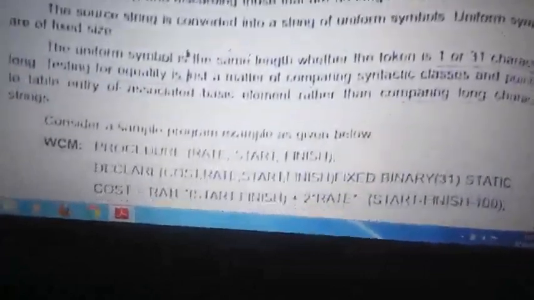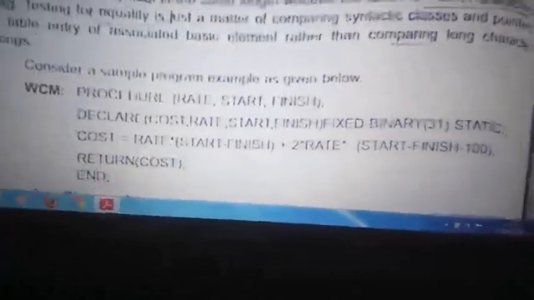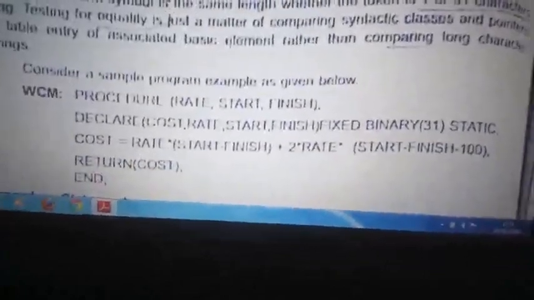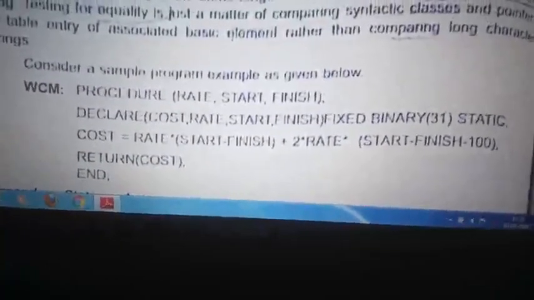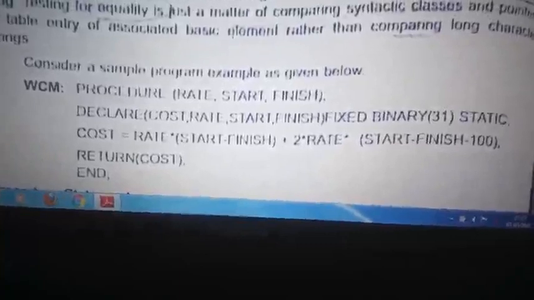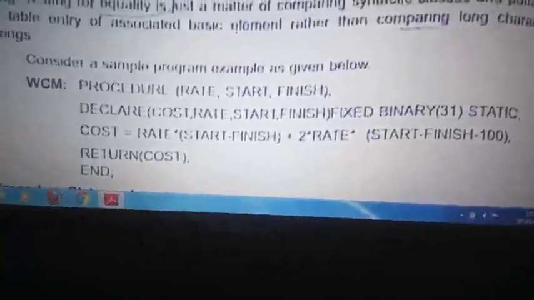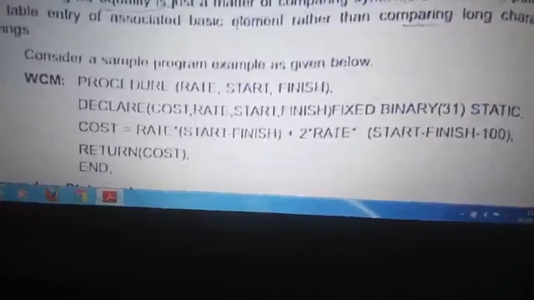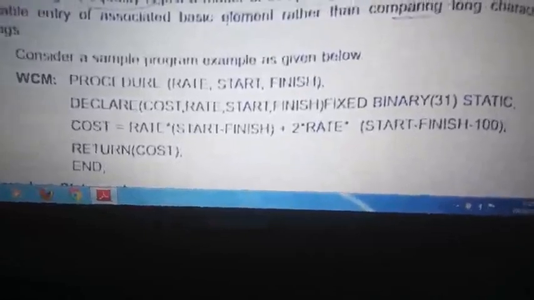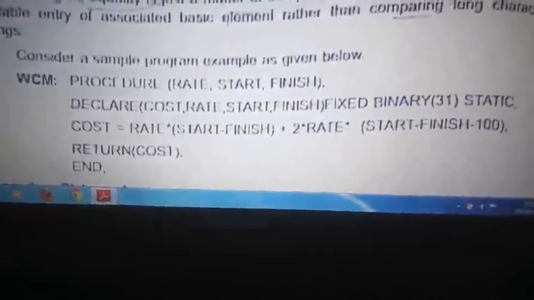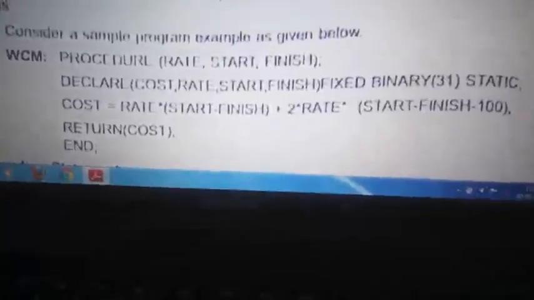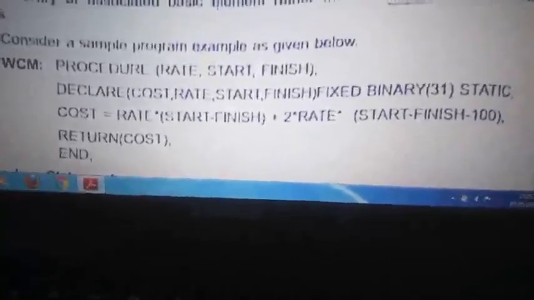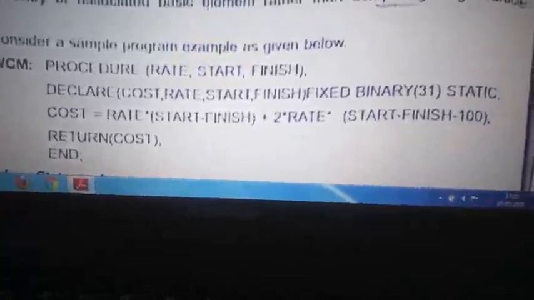So we'll have an example of how it does lexical analysis. Consider an example: WCM, some procedure name, colon, procedure, open bracket, rate, start, finish. Then declare, semicolon. Then declare cost, comma, rate, comma, start, comma, finish. You are declaring rate, cost, start, finish with a fixed binary length of 31.